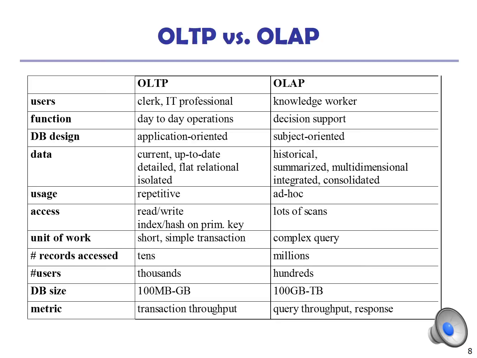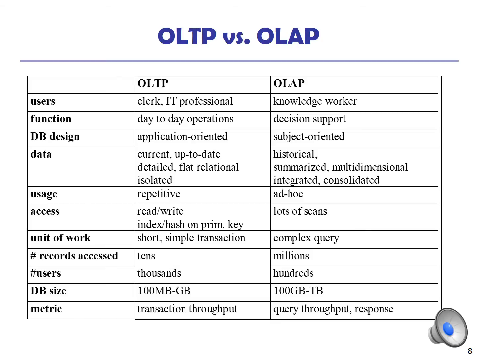Okay, so who are the main users in online transaction processing? The clerks or maybe IT professionals. Clerks are basically all the people who are sitting at the cashiers, trying to run different transactions, generate the bill and sell items, right? So those are the people who are going to use it.